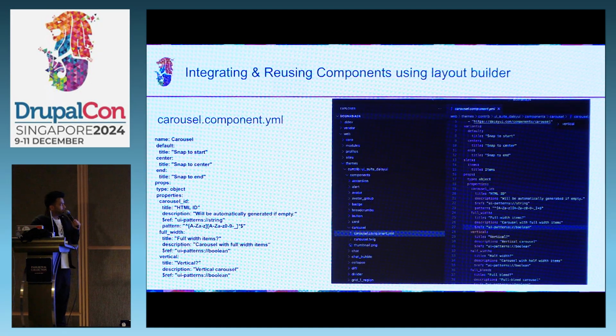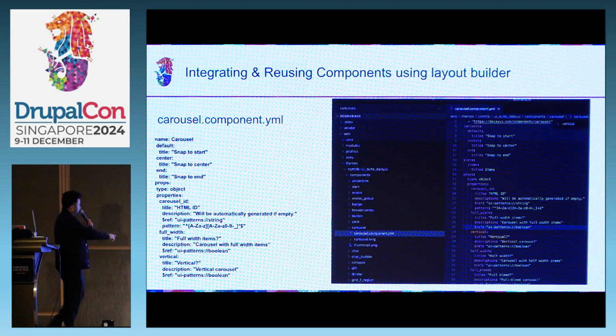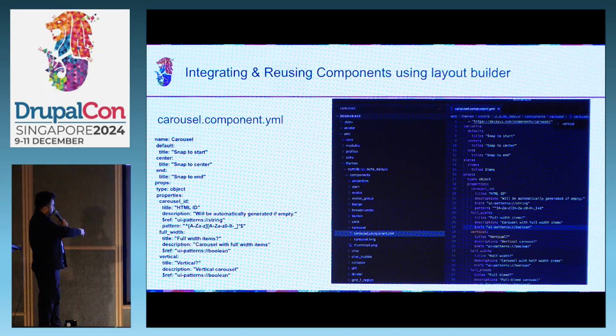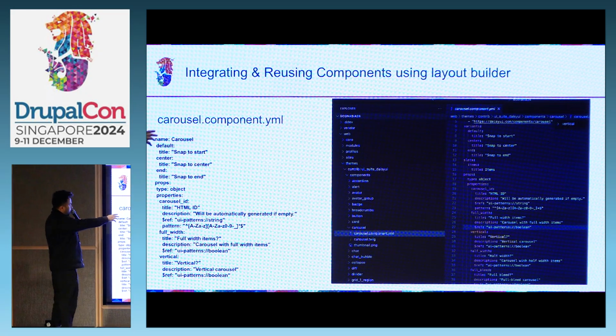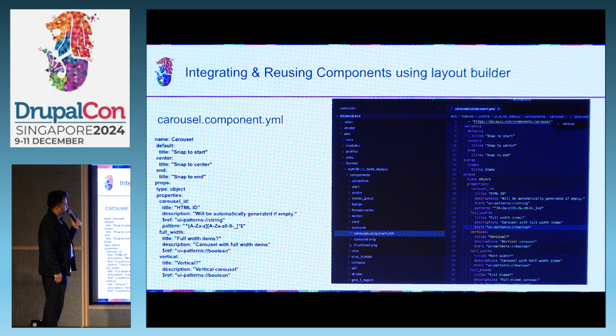So now integrating and reusing the component. Basically you create this YAML file, which has the name of your component, and then the description will also be there. Then you see the props here, right, and the variations. So if you see the YAML file, you have two things, variations and props.